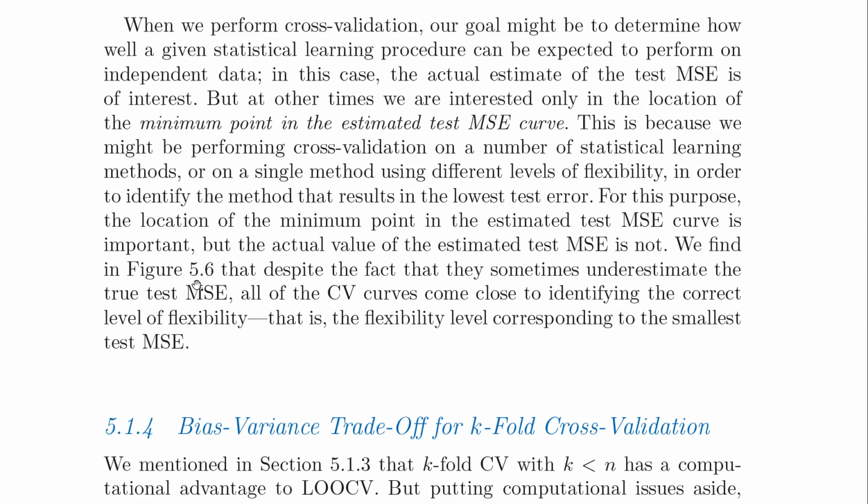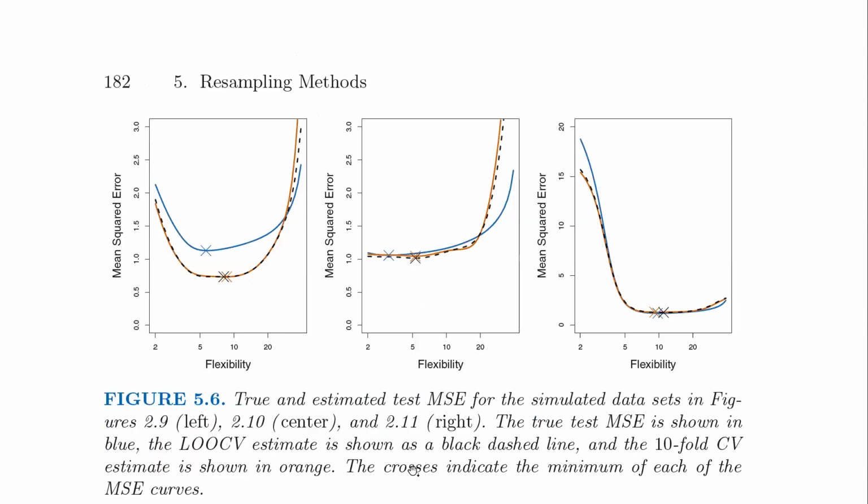We find in figure 5.6 that despite the fact that they sometimes underestimate the true MSE, all of the CV curves come close to identifying the correct level of flexibility. The correct level of flexibility is what we were looking at earlier, just the X value. So we don't really care that the Y values are off. What we care about is the true flexibility, think of it as degree 6.